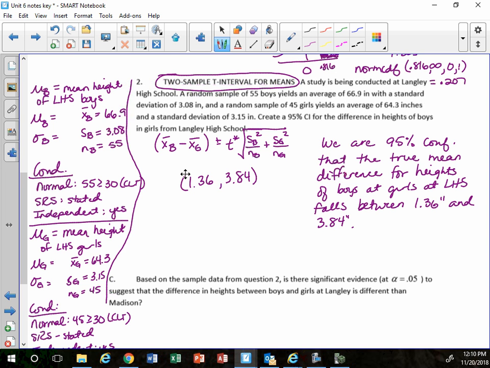So we're 95% confident that the true difference of the average heights is somewhere between 1.36 and 3.84 inches.